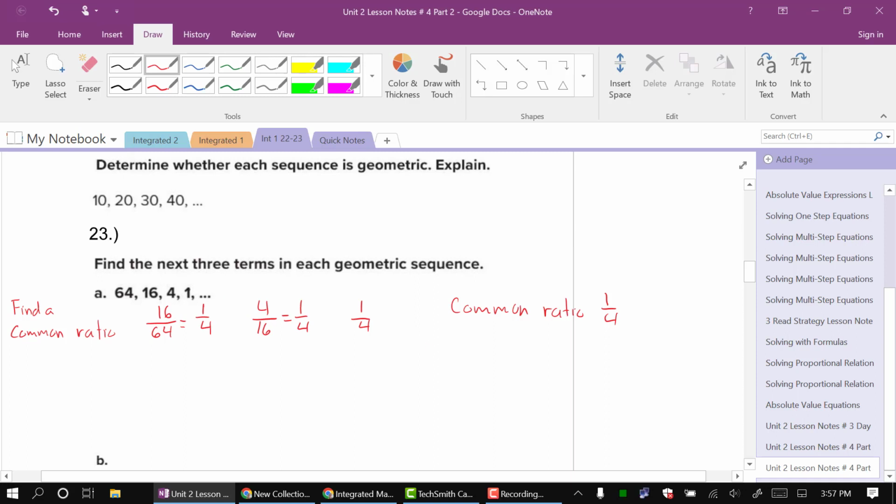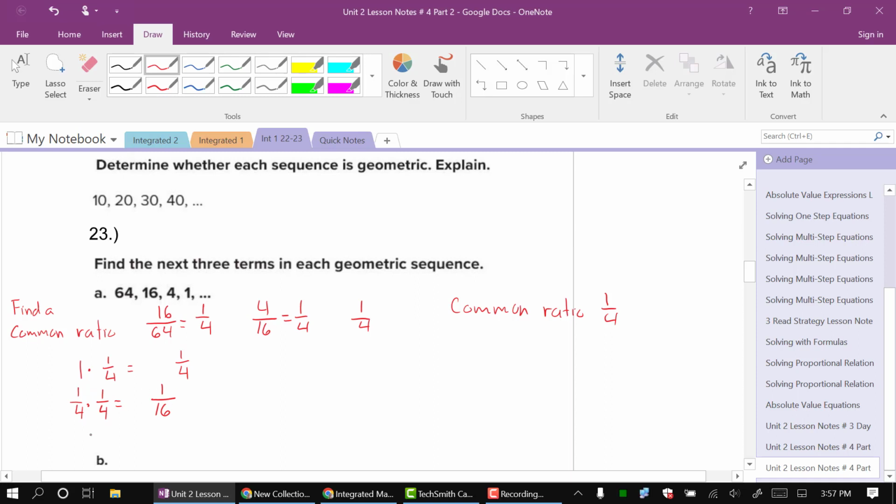So I'm going to multiply my last term by my common ratio. So 1 times 1/4 gives me 1/4. Then I'm going to take that and multiply it. 1/4 times the common ratio of 1/4 gives me 1/16.